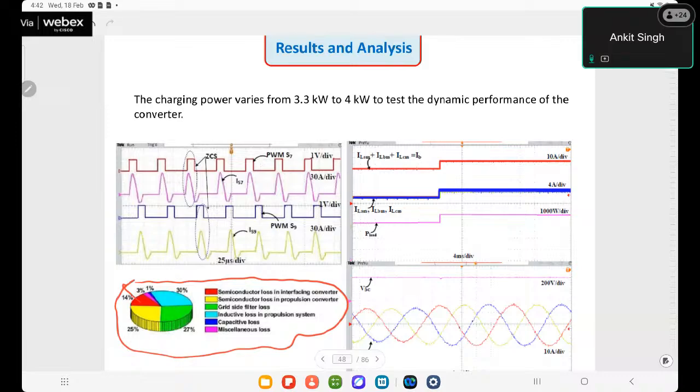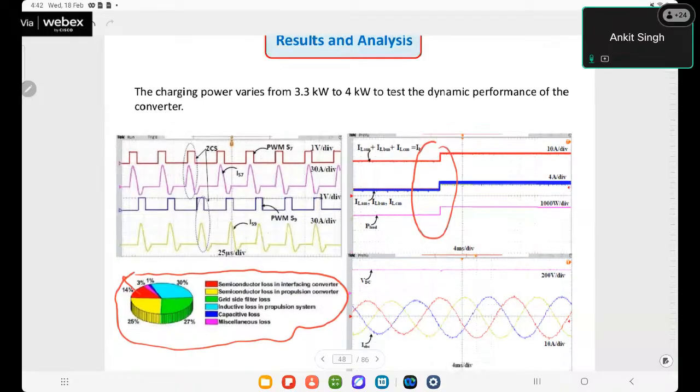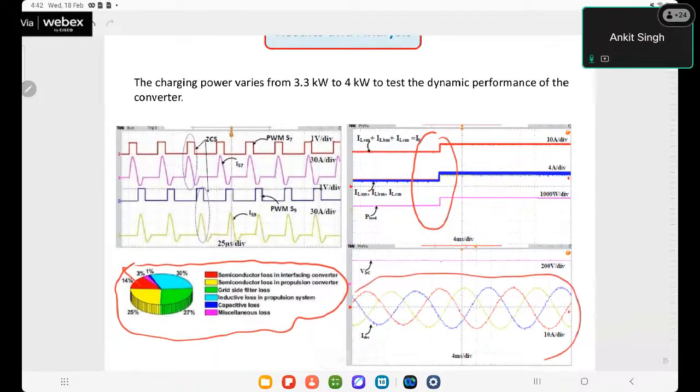And again, the dynamic operation of the converter is tested. Here I have shown the grid voltage and grid current.